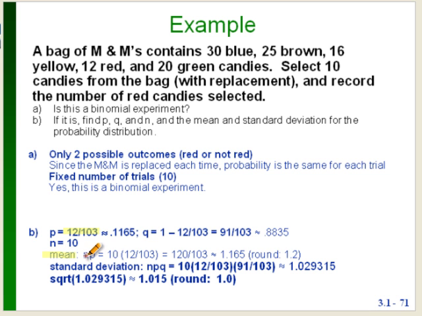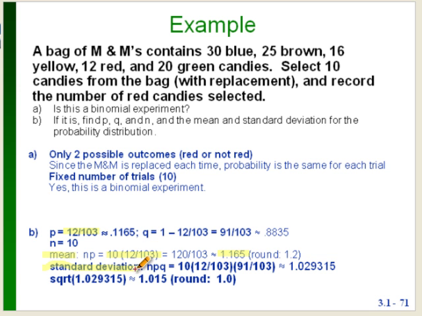Now for our mean, we just take n times p, so that's 10 times 12 over 103. That gives us approximately 1.165. And remember, we said that we're going to round to 1 decimal place more than what we have in our data. Since our data was all whole numbers, we're going to round to 1 decimal place.